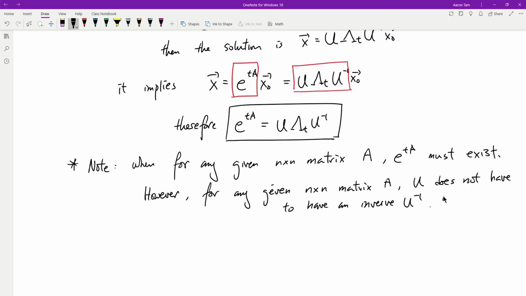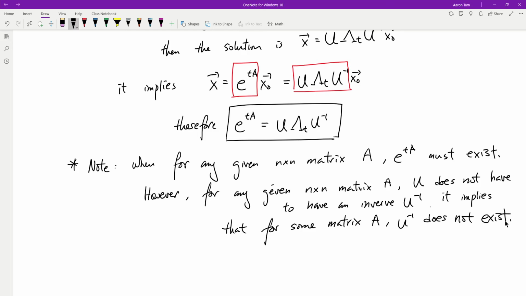This implies that for some matrix A, U inverse does not exist.